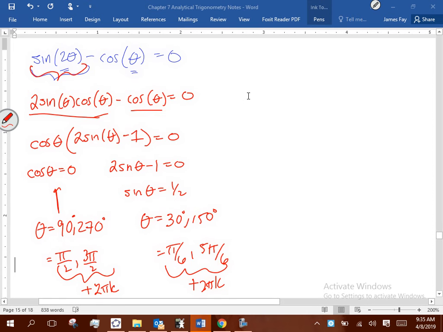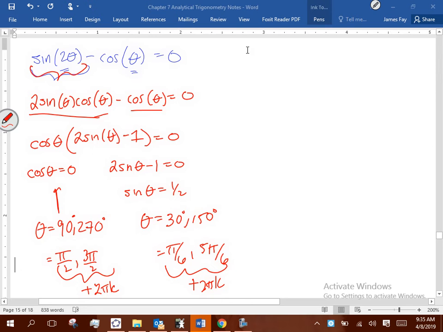You might see in WebAssign that they, let me double check, see if the textbook does this. Maybe WebAssign doesn't do this, but I would be okay with this, guys.